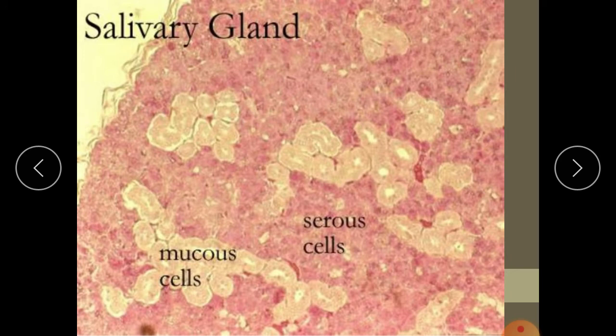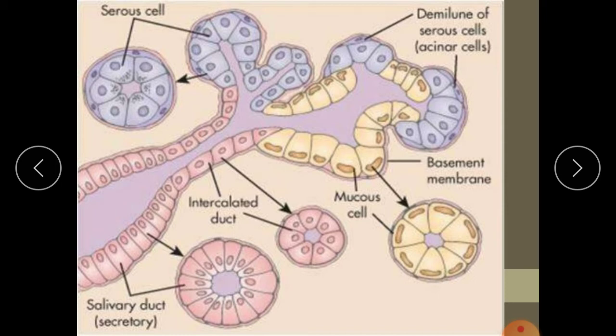So serous acini, these are mucus secreting cells present in the salivary glands. Here you can see these are mucus secreting cells. These are acinar cells. Outside the acinar cells, what are present?